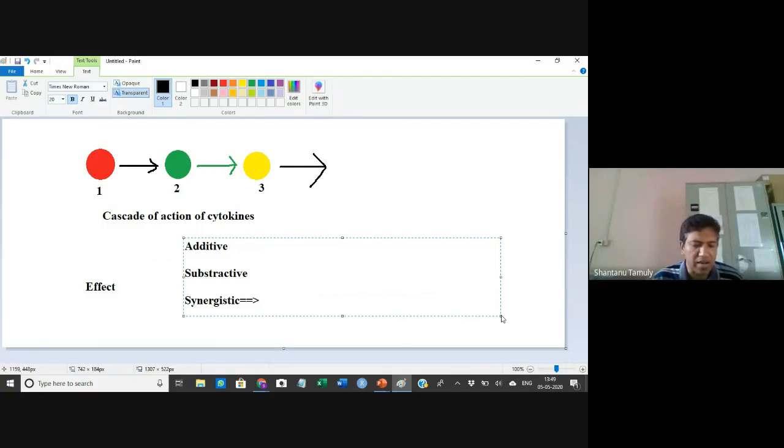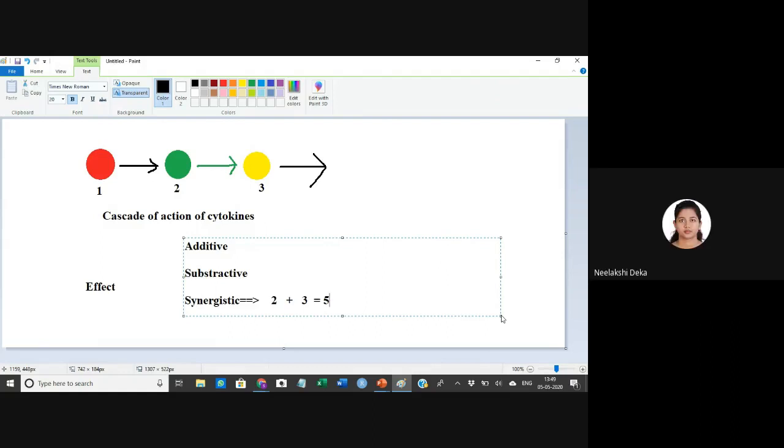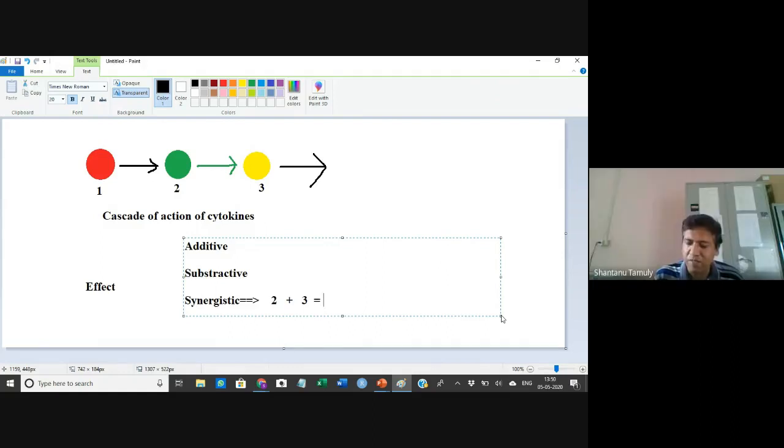Suppose one cytokine has given the effect of 2 units. Then the second cytokine has given the effect of 3 units. As a whole, we should get the effect of 5 units, but it will be more than 5.